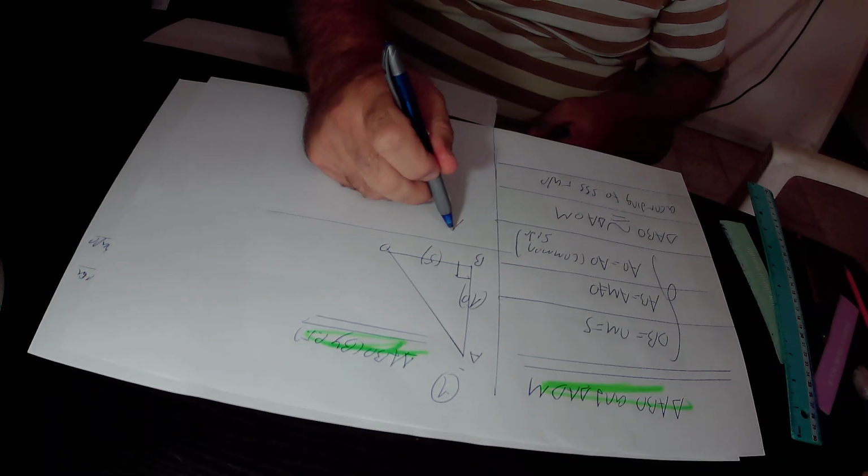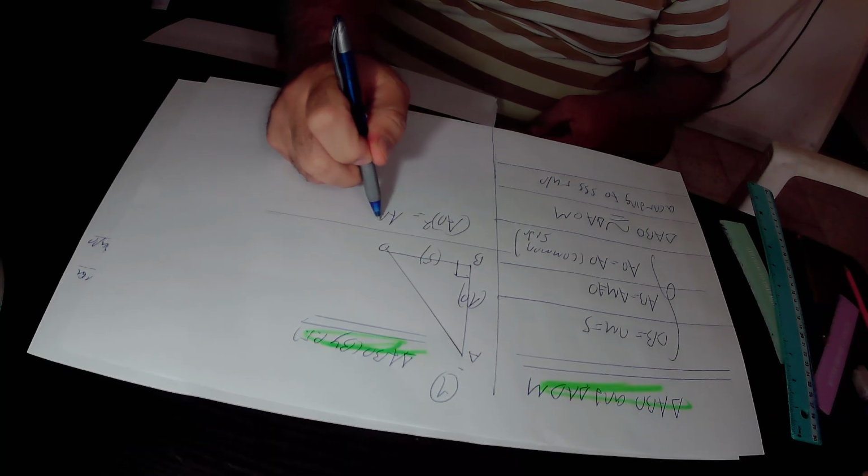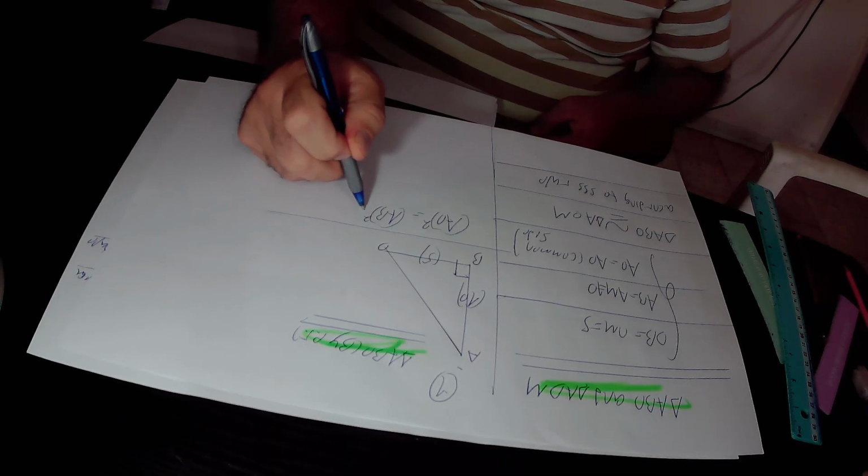AO squared, that is the square of the hypotenuse, equals AB squared plus BO squared.